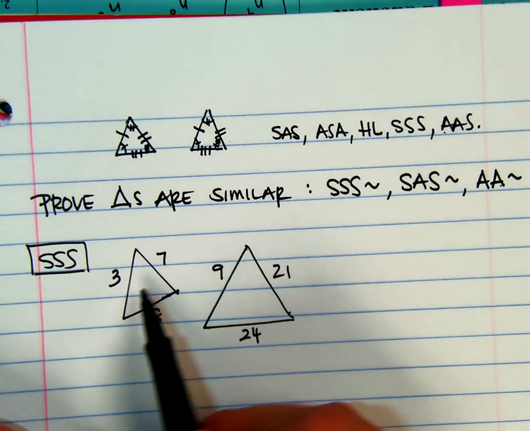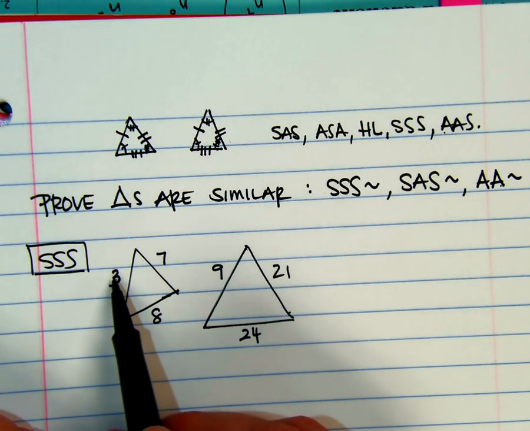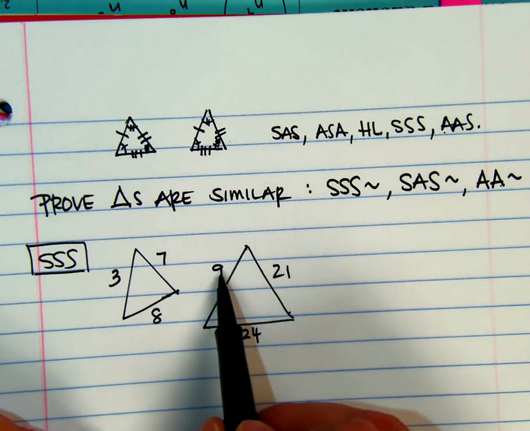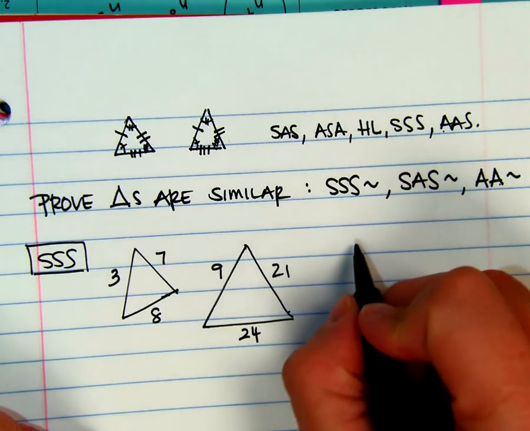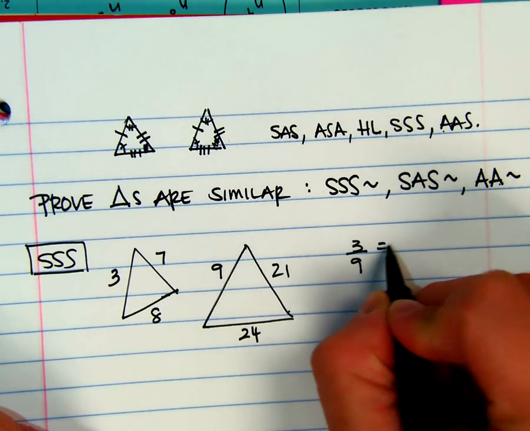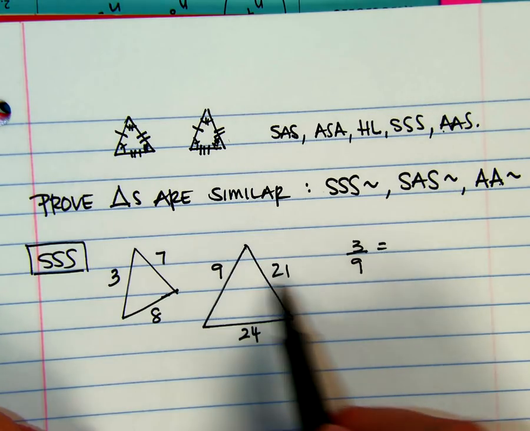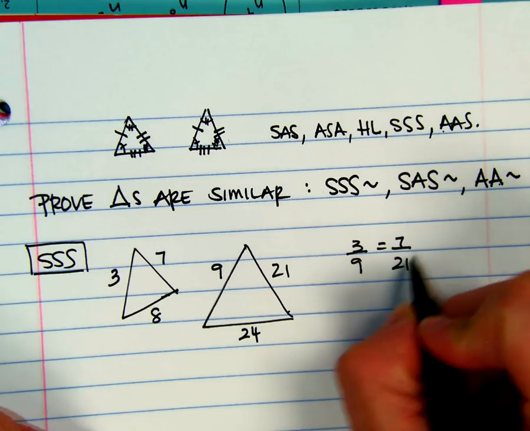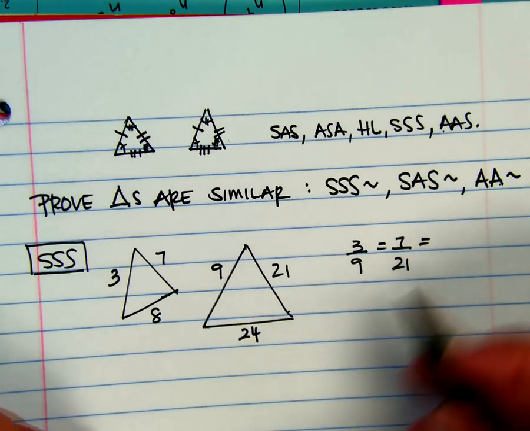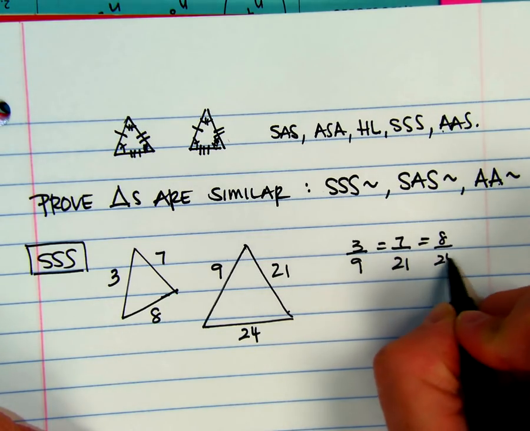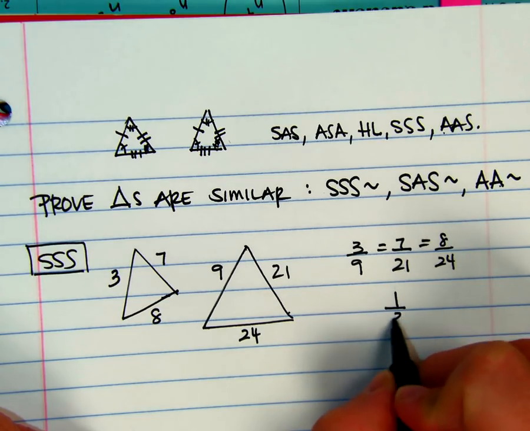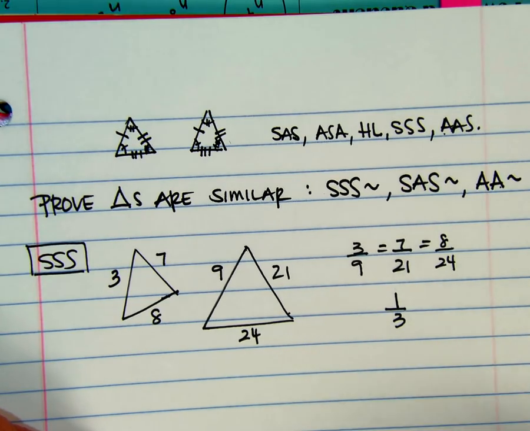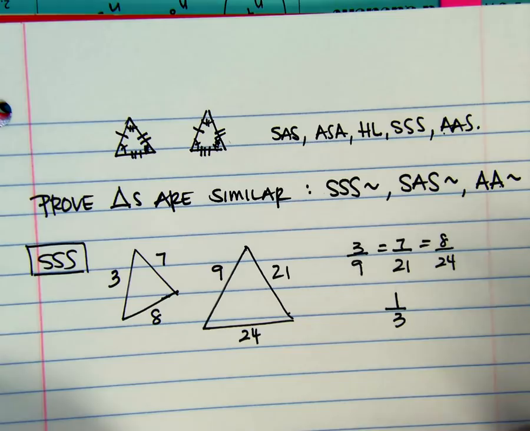So 3 is the smallest of this triangle, 9 is the smallest of this triangle. So 3 to 9, 7 is in the middle, 21 is in between these 2 as well. So 7 over 21 should equal 8 over 24. And I do get a ratio of 1/3, so the sides are proportional. So therefore the triangles are similar by side, side, side.